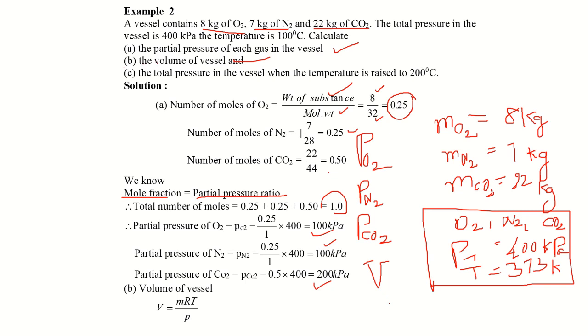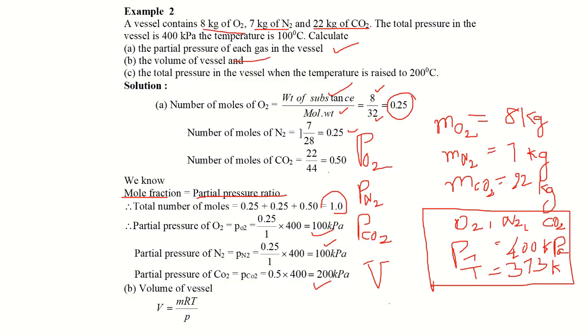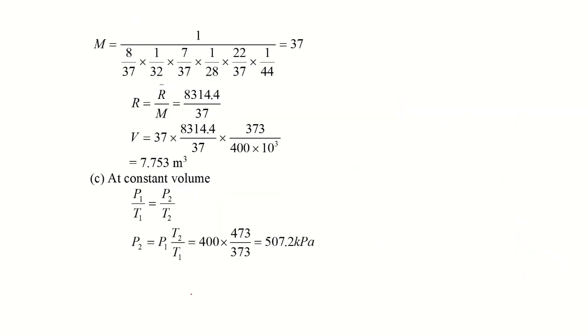Now let us find out the volume of the vessel. Volume of the vessel is V equal to mRT by P. You have to find out R now. For that, let us find out the molecular weight. I have given this equation already.